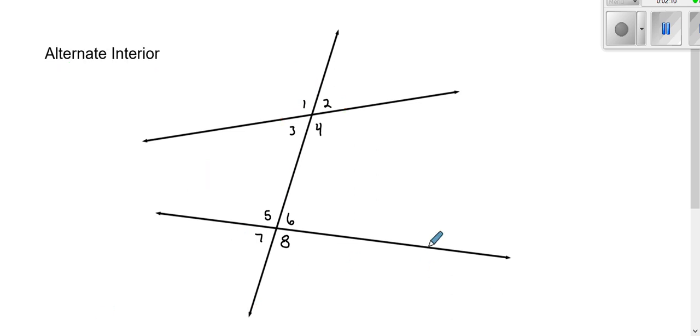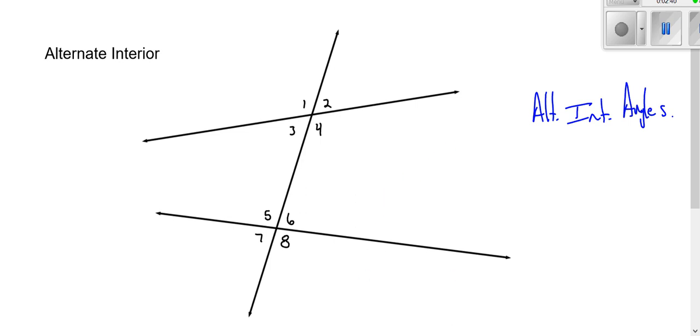Let's start with what are known as alternate interior angles. The word alternate means alternating, switching from one side to the other side, switching back and forth. Questions might say, list the pair of alternate interior angles.